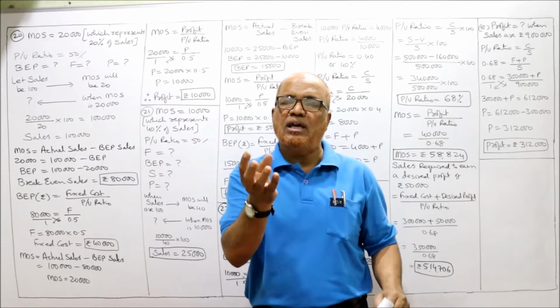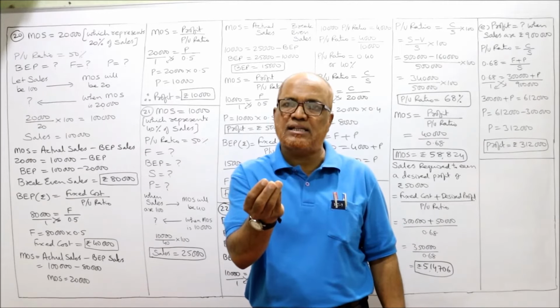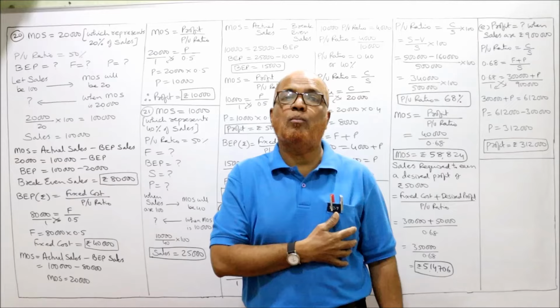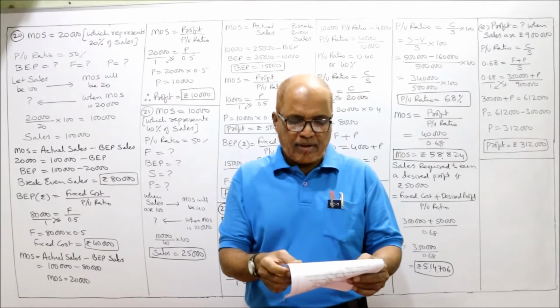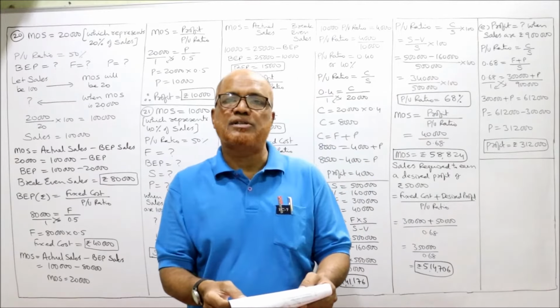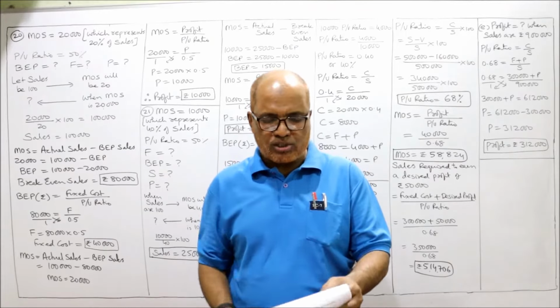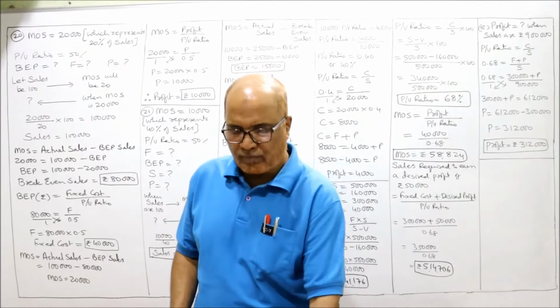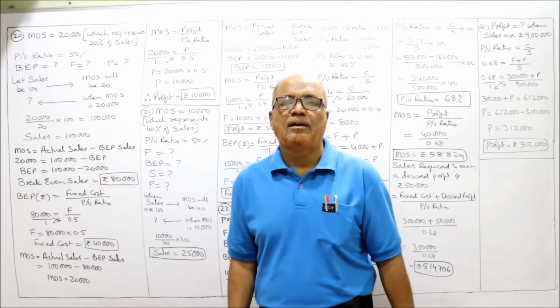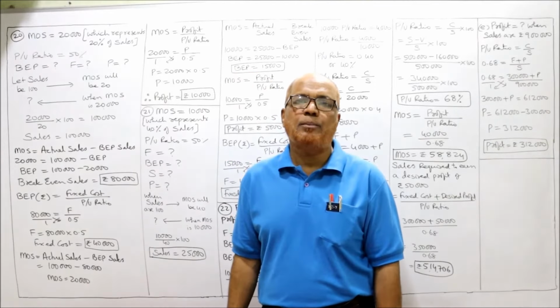In other words, if 100 rupees are the sales, 20 rupees will be the MOS. Then PV ratio 50%, 0.5. Find out the break-even sales, fixed cost and profit. So we have to calculate BEP, fixed cost and profit.